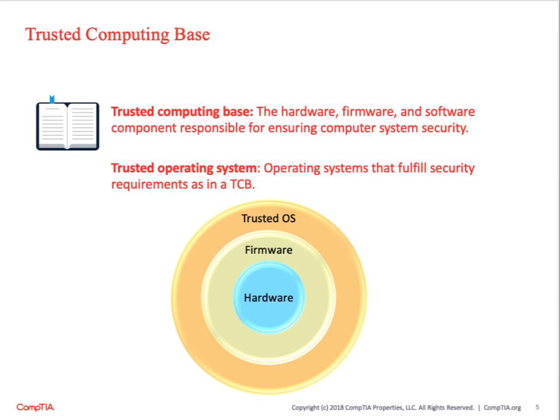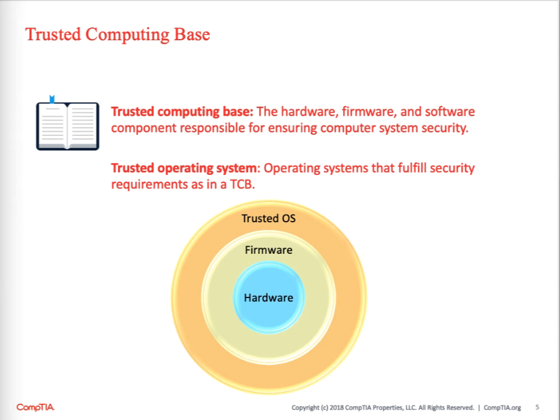The trusted computing base is implemented in the hardware through processor rings or privileges, right? And also through the firmware, through driver and resource protection, and then in the operating system, through isolation of resources and services from applications.